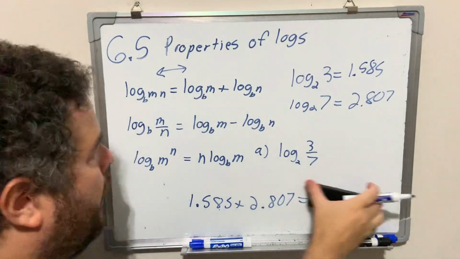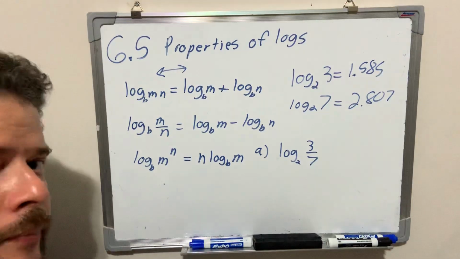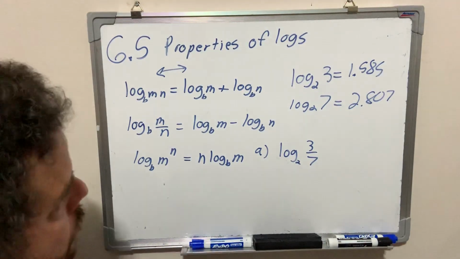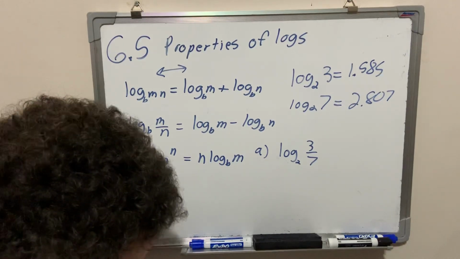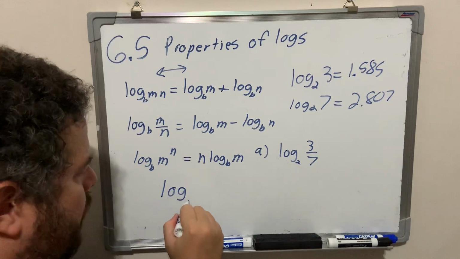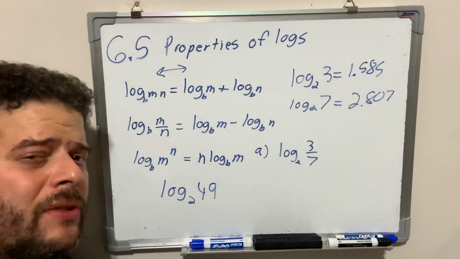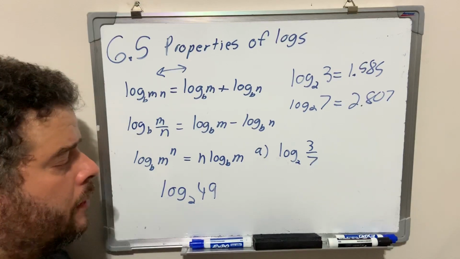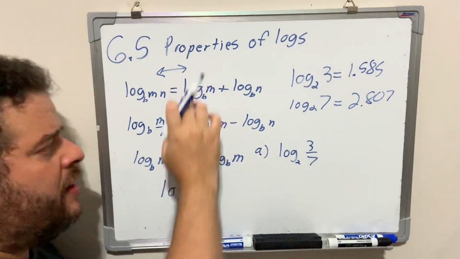Okay? Again, these are the rules you're going to end up using. Let's try the following. They're telling me log base 2 of 49. Now this one's a little bit tricky, but this problem can be solved using these rules.